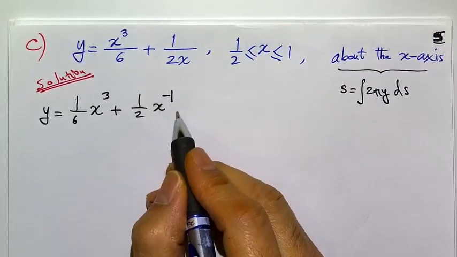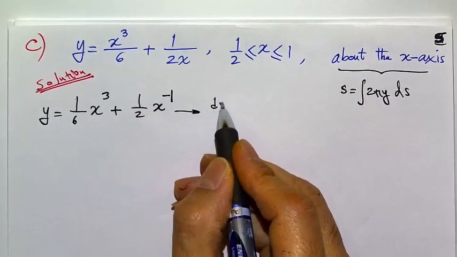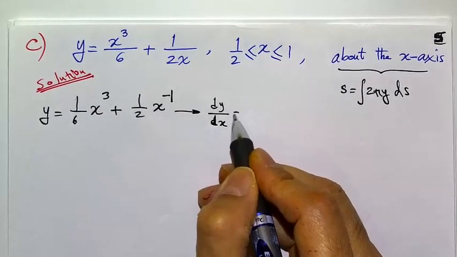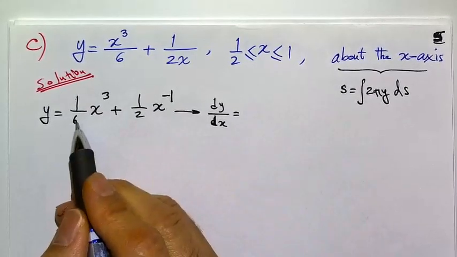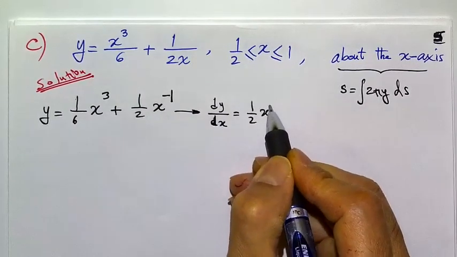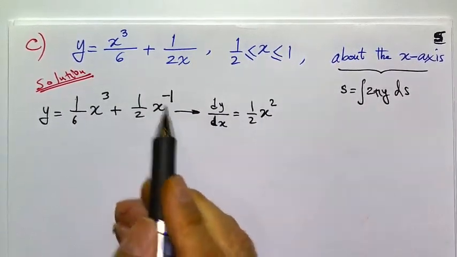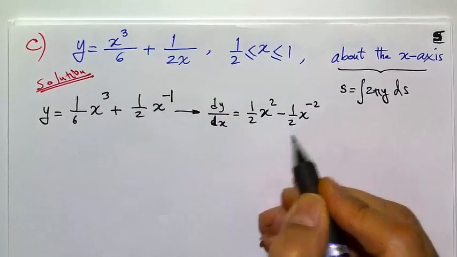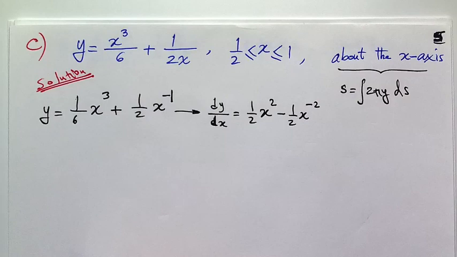Given that, we can then easily take the derivative dy/dx as, so 3 times 1 over 6, it's going to be 1/2 x squared, and then minus 1/2 times x to the minus 2 power.